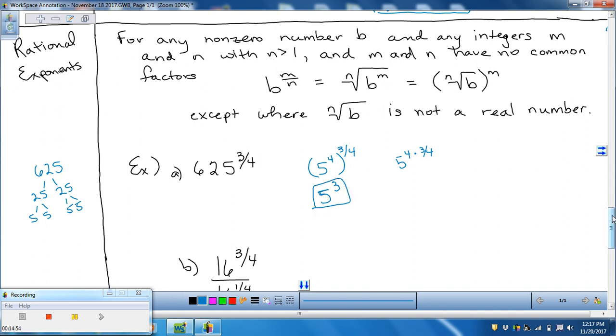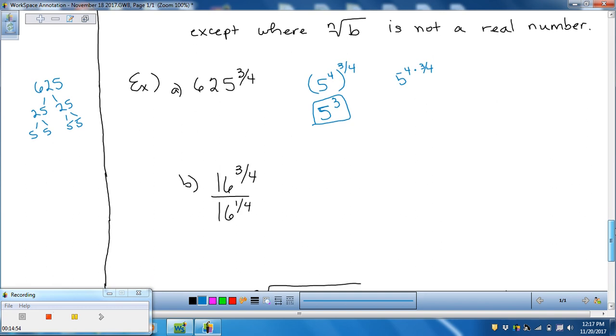Okay, second example. Example B, we have 16 to the 3/4 divided by 16 to the 1/4. We're going to use the quotient property, which says if we have the same bases, we can subtract our exponents. So 16 to the 3/4 divided by 16 to the 1/4 is equal to 16 to the 3/4 minus 1/4.